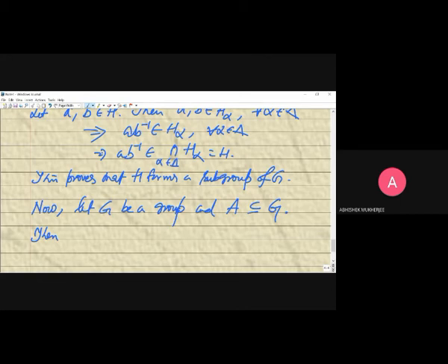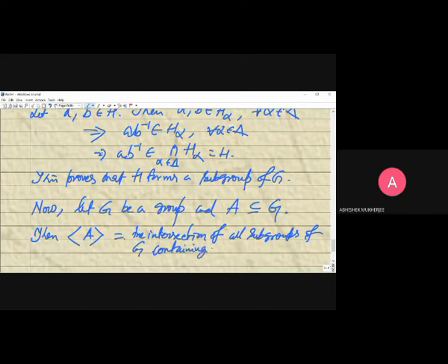So we denote it as the angle brackets of A, that is the intersection of all subgroups of G containing capital A.